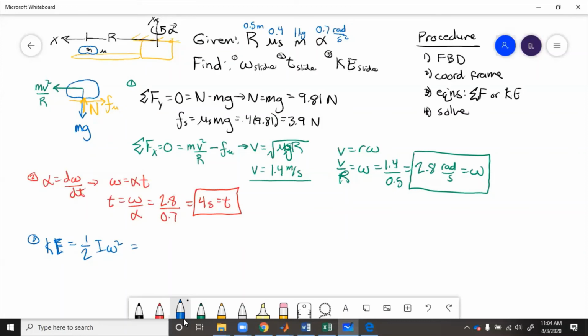So that is going to be 1/2 times m r squared times omega squared, which equals 1/2 times 1 kilogram times 0.5 meters squared times 2.8 radians per second squared. That equals 0.98 joules for kinetic energy.